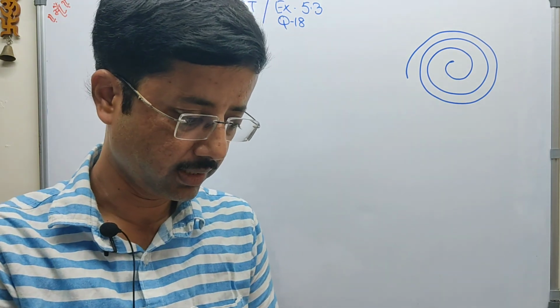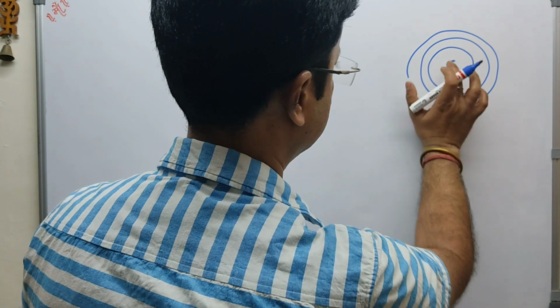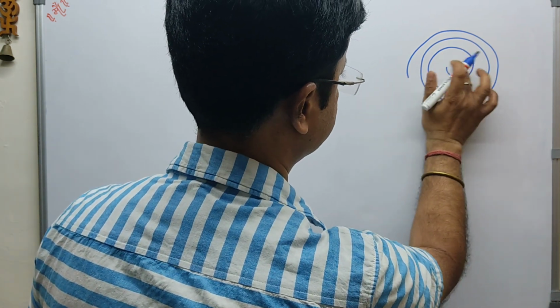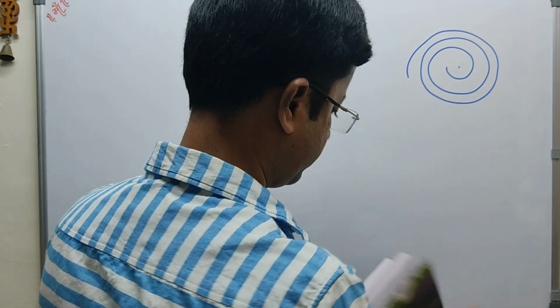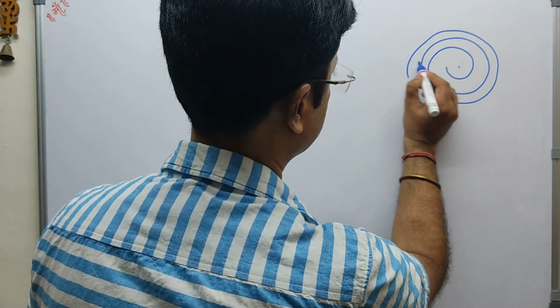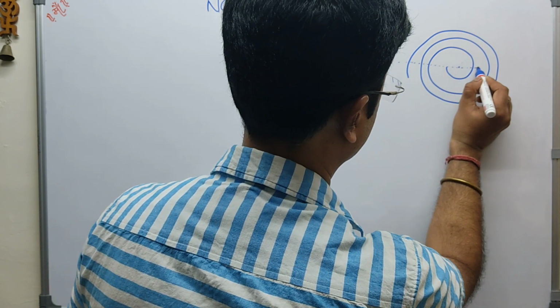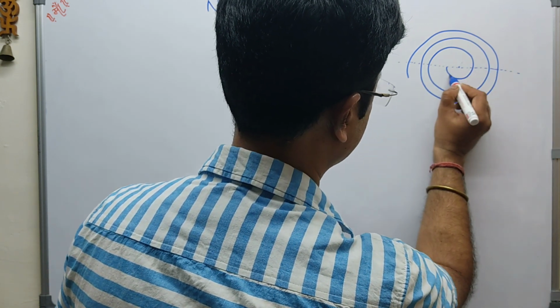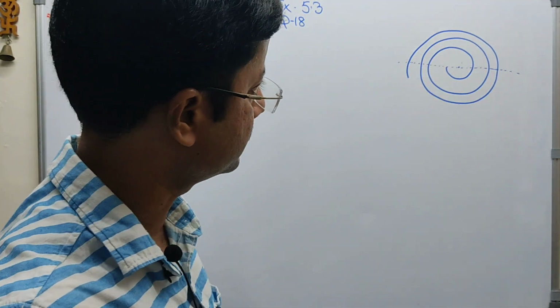Now if you have the NCERT book, you can see it there also. This is a spiral here and this is the center. We start from here. The diagram is shown here. A horizontal line is drawn here to show the semicircles, and then we make a spiral here, like a spring-like structure.